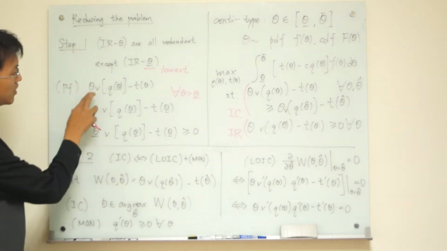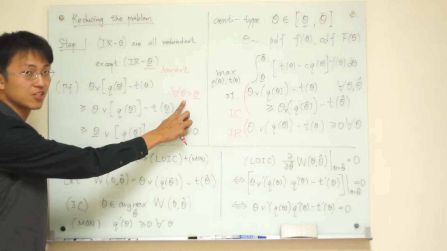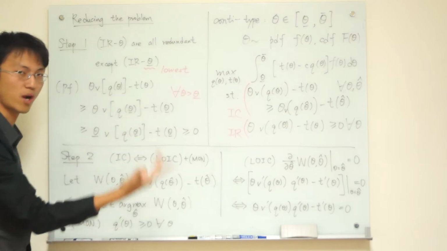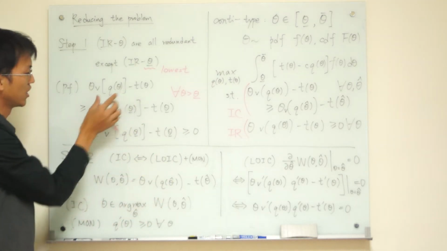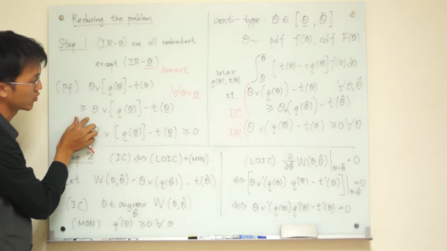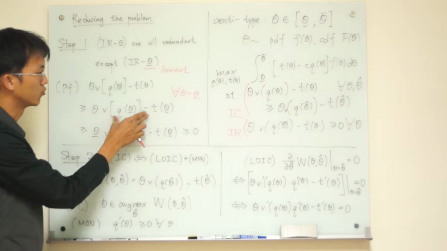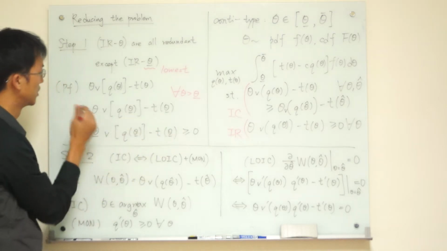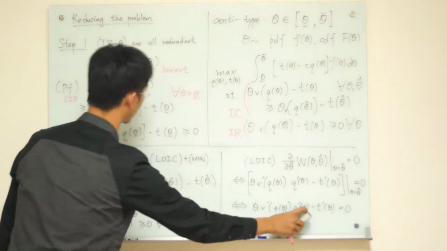In that case, this is the left-hand side of the type theta agent on the right-hand side of its IR constraint, its earnings. It's going to be greater than or equal to what he may get by pretending to be the lowest type. So this is from your IR constraint, IC constraint.